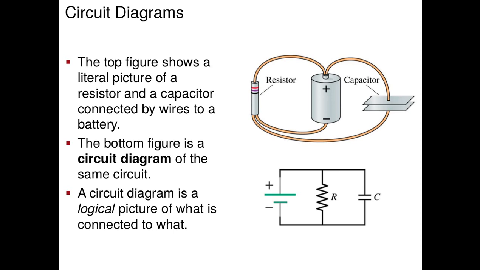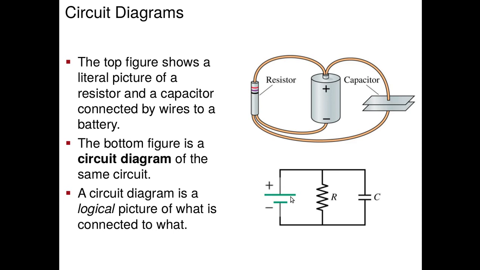So we're going to get some more practice drawing circuit diagrams. This is a picture of a battery and a resistor, right? Our light bulbs behave as resistors, so we're going to deal with resistors and capacitors in a circuit.